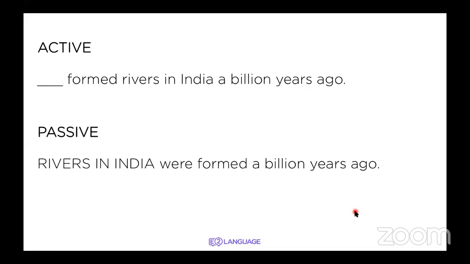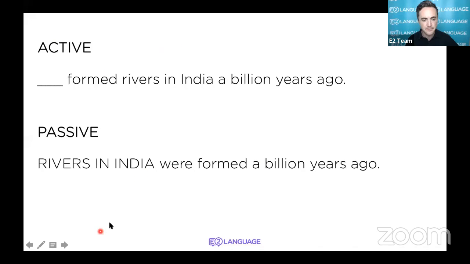Government formed rivers 1 billion years ago? Maybe not. Evolution? Sure. Aliens? Could be aliens. Kings? Could have been the kings 1 billion years ago. God? Could have been God formed rivers 1 billion years ago. I like these answers. These are cool. Good. Habitants or aboriginals. Good. Excellent. Good ideas. Good thinking.